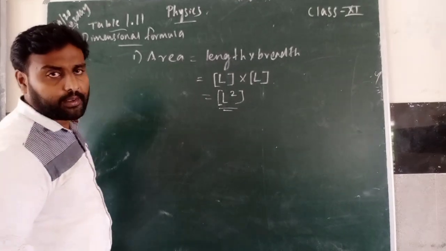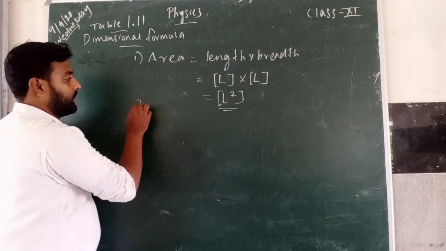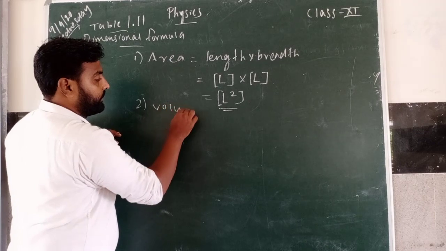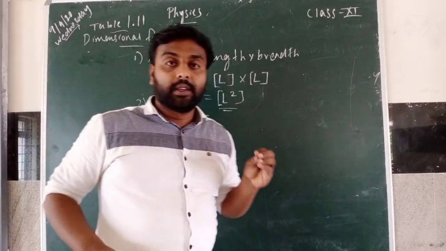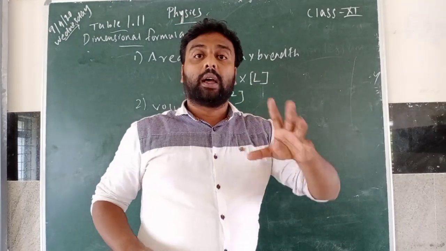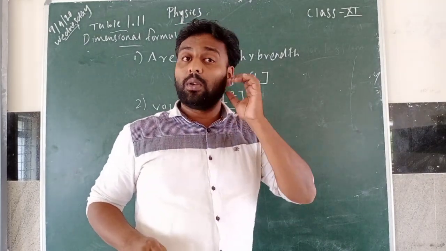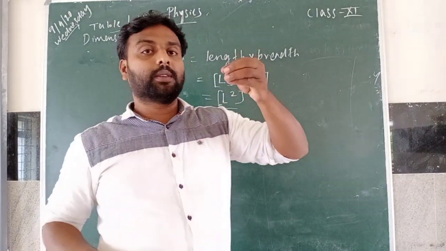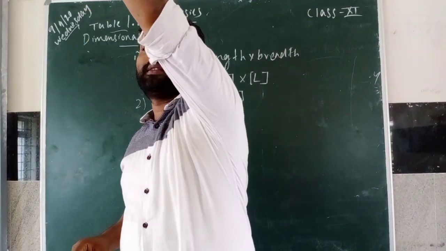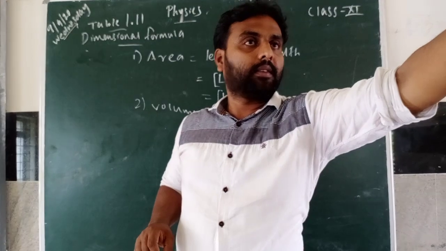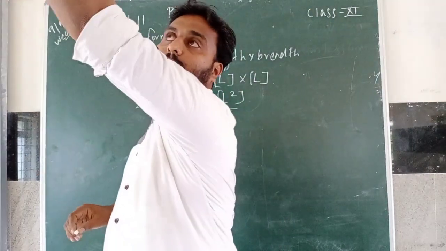Now the second one is volume. The volume formula is length into breadth into height. Again you see length, breadth, height: this is length, that is length and this is length.